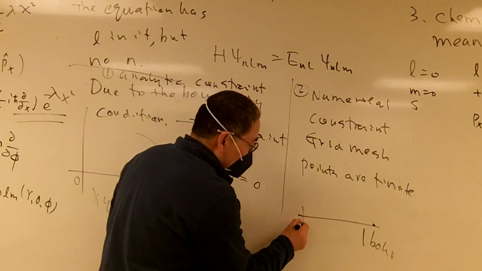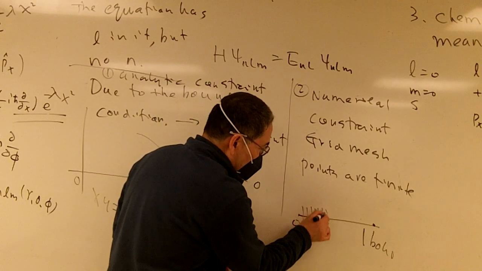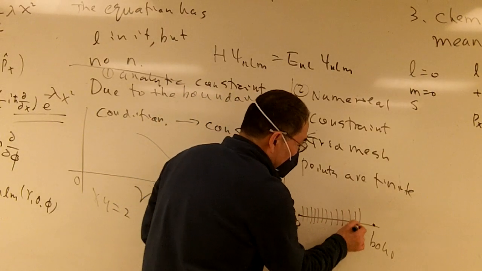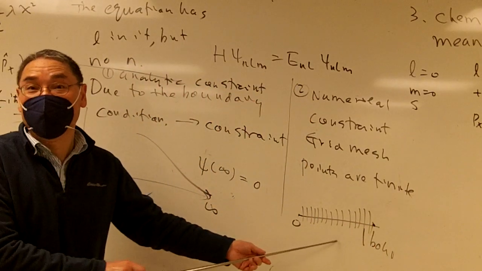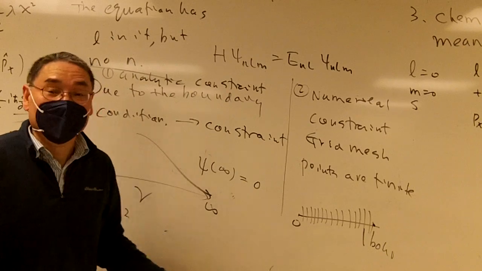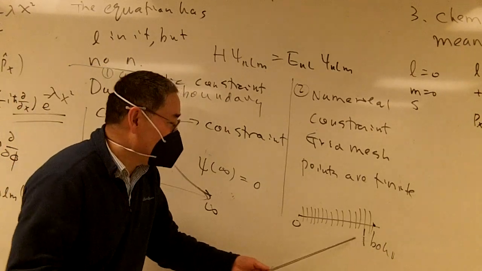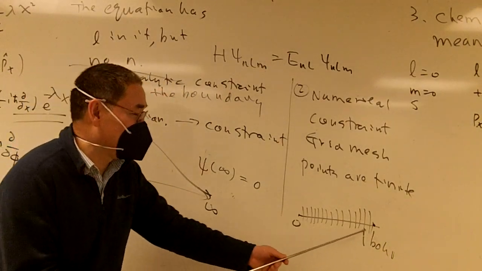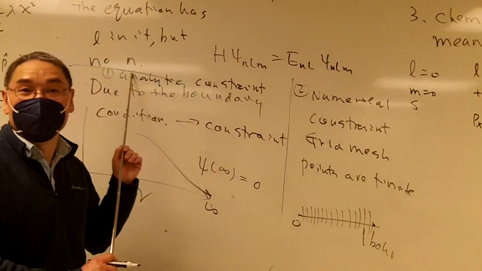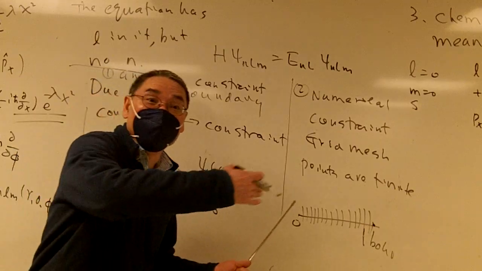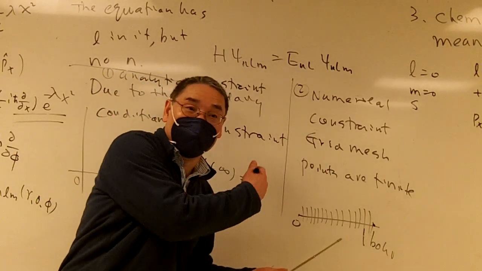But now when I discretize these mesh grids, well, I have to choose some points somehow, right? I cannot say infinite. If I choose more, this will have more. In other words, if I choose 20, this will be 20 n's, then 100 n's, and then infinite, well, you got infinite points, that's why n goes to infinity.